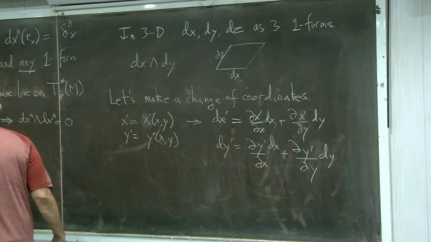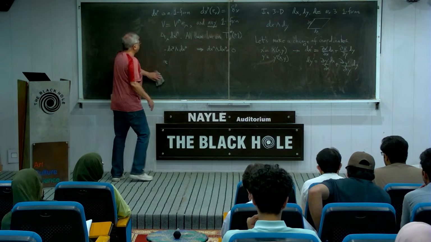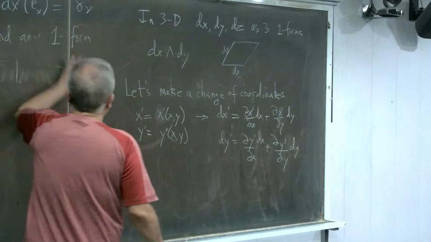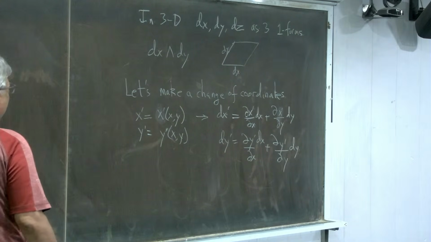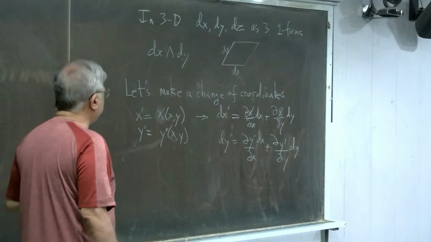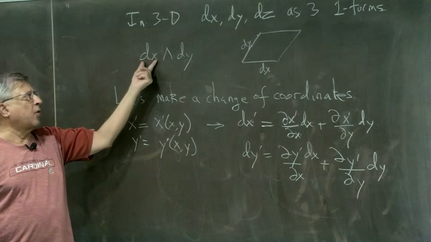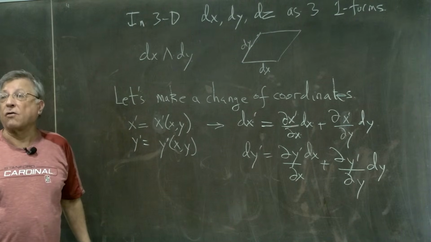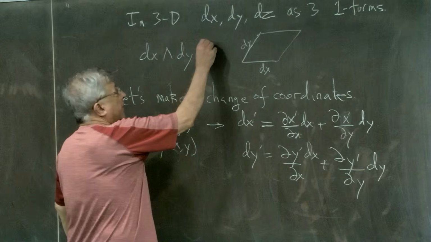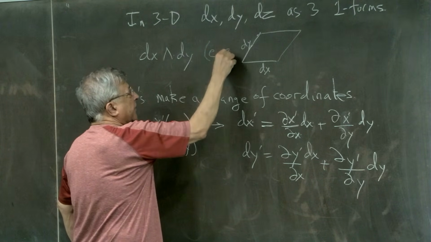So let's see what this wedge product transforms as. By the way, I need not repeat that this is a machine. This is a one form, this is a one form, and in order to get a number out of it, I will have to make it act upon vectors ex, ey.